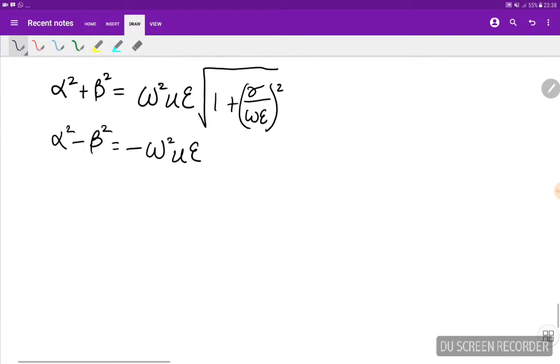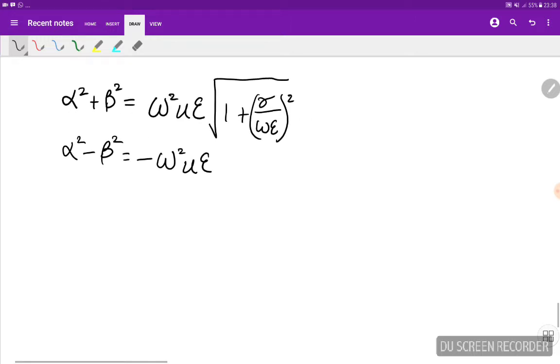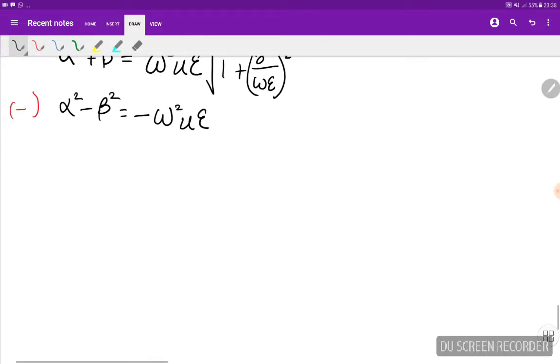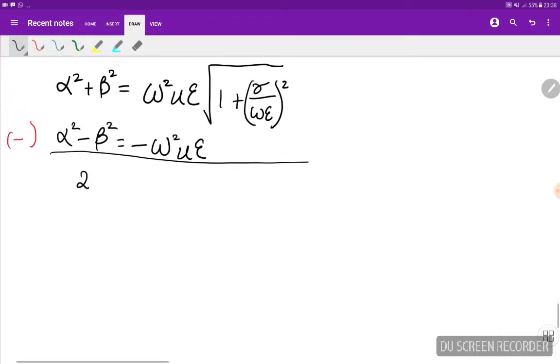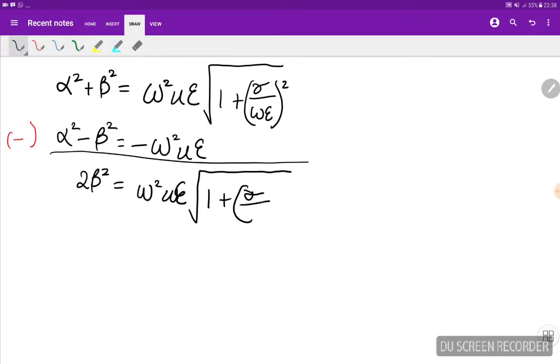Alright, so now we do simultaneous equation, so we subtract. If we subtract, we'll get 2 beta squared is equal to ω² times this square root of 1 plus conductivity over ωε squared, then everything plus ω² με.